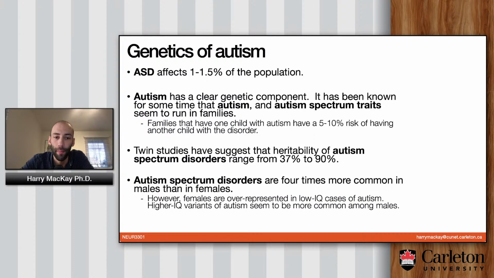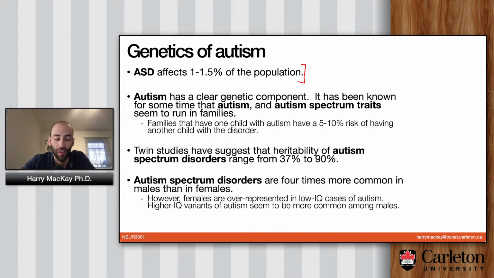So ASD affects about 1 to 1.5% of the population, although we're not exactly certain how many people truly have this, because the diagnostic criteria are defined relative to what's expected out of society, and people become more and more aware of the ASD phenotype, and thus the rate of diagnosis can go up.